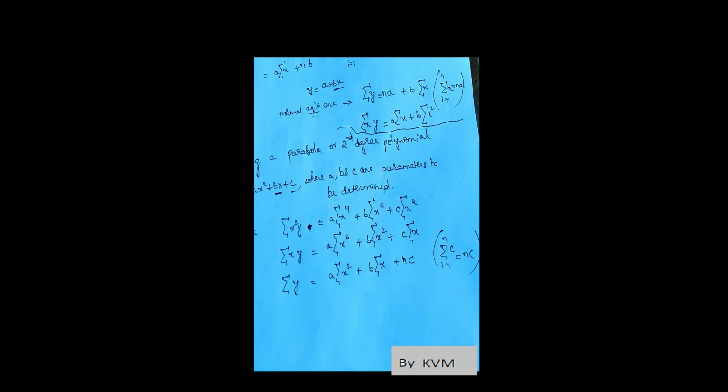So sigma y equals a into sigma x square plus b into sigma x plus sigma c, i from 1 to n, that is total number of values, we can write n into c. So sigma c, i from 1 to n, we can write n into c, it is plus nc.